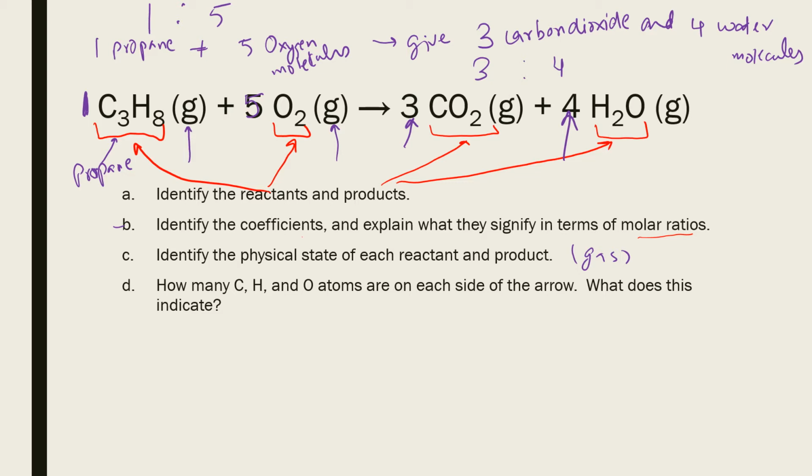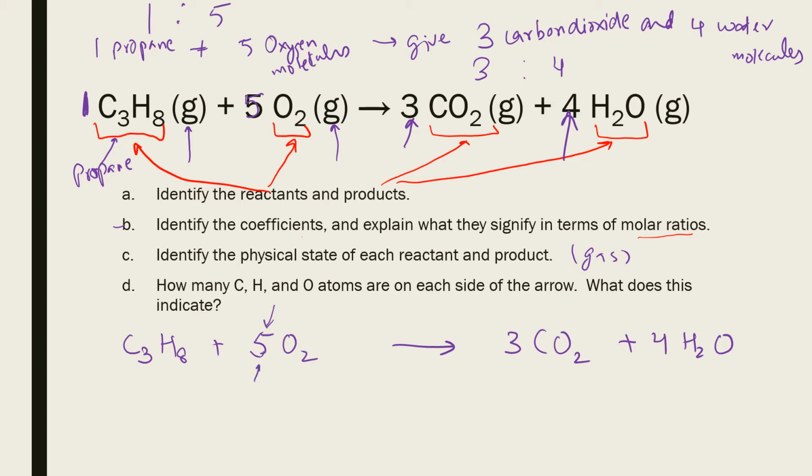So let's write the equation one more time. C3H8 plus 5O2, and on this side of the arrow we have 3CO2 plus 4H2O. Okay, whatever coefficient is in front represents how many of these molecules there are.